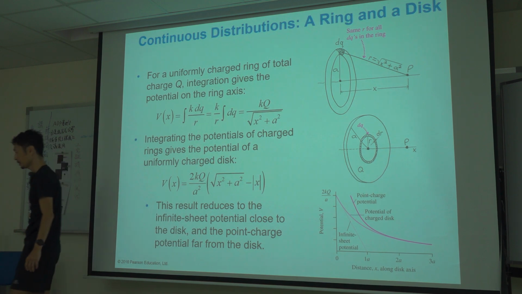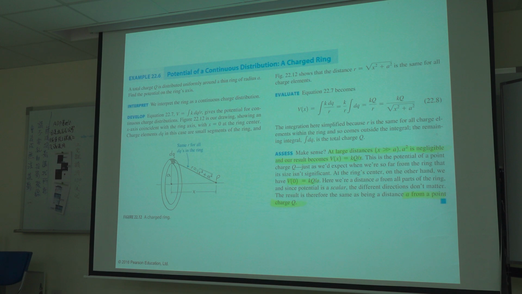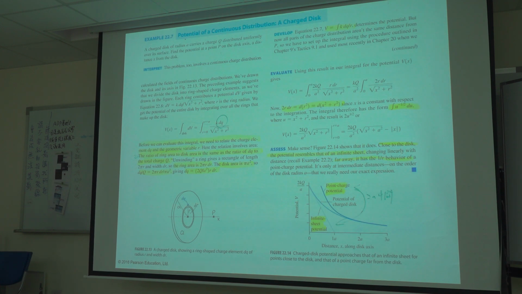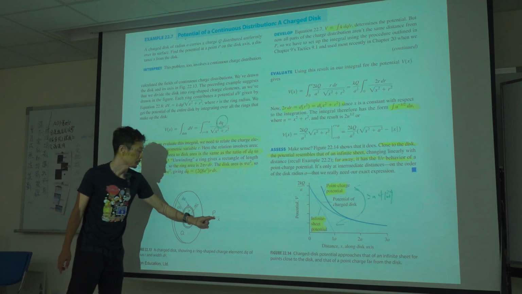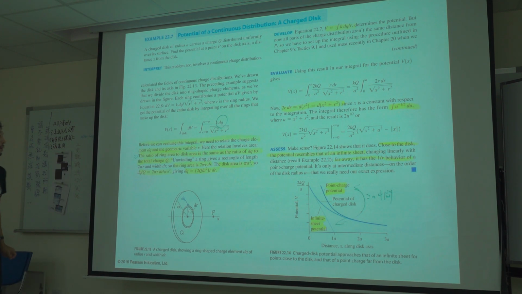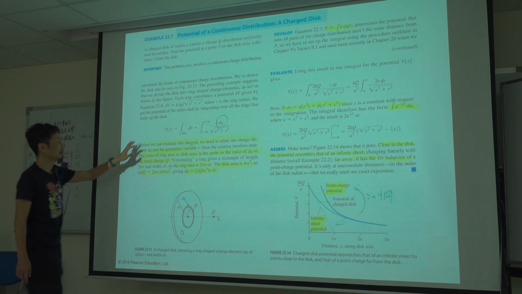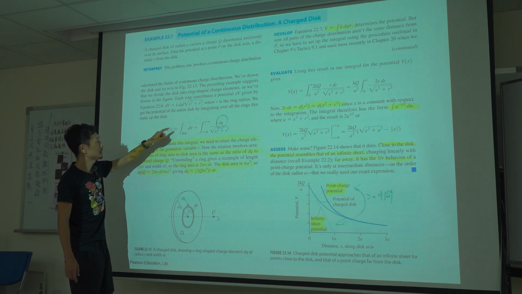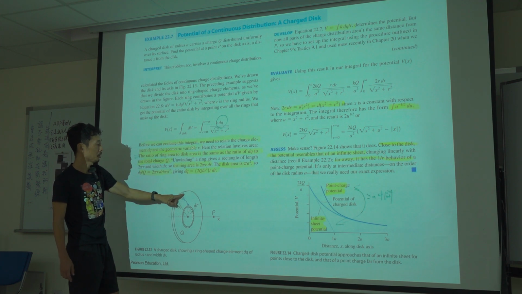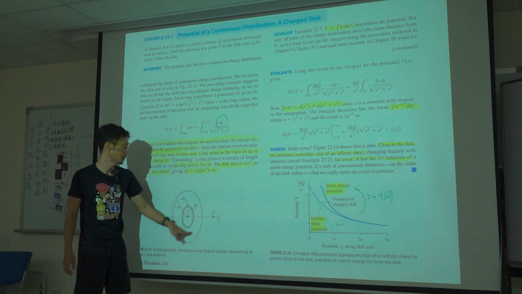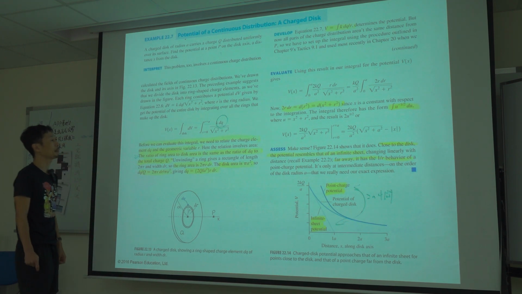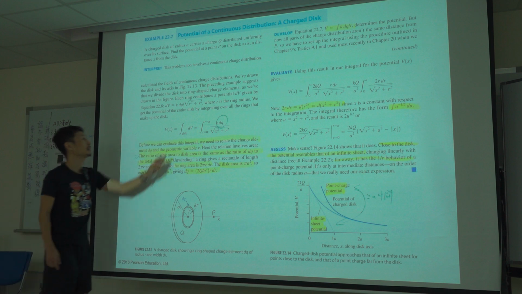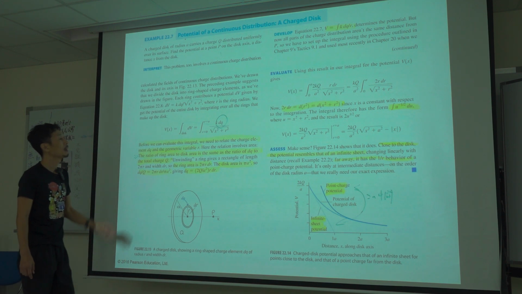Maybe I should go to the next page. Now we want to find the electric potential at P, and again it's the superposition principle. The potential is the integration of the potentials from all the different parts of the disk, so it's an integration over the disk.